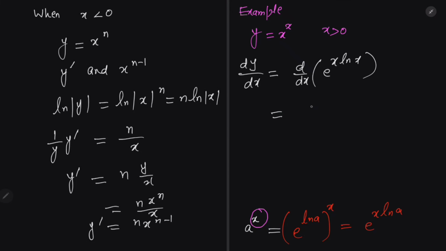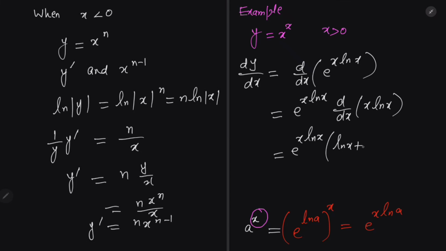Differentiate the right hand side by using the chain rule. e raised to power x natural log of x, times d by dx of x natural log of x, which gives natural log of x plus x over x.